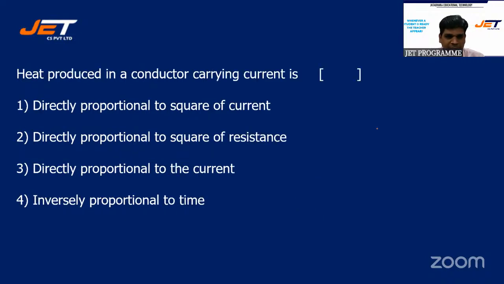Heat produced in a conductor carrying current is directly proportional to square of current, directly proportional to square of resistance, directly proportional to current, or inversely proportional to time.